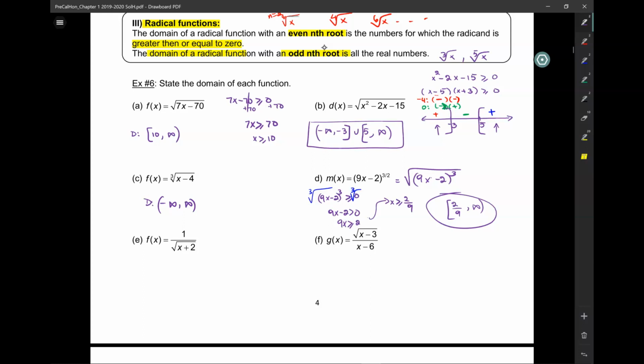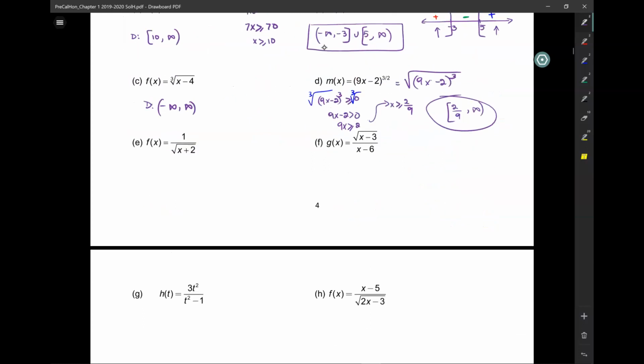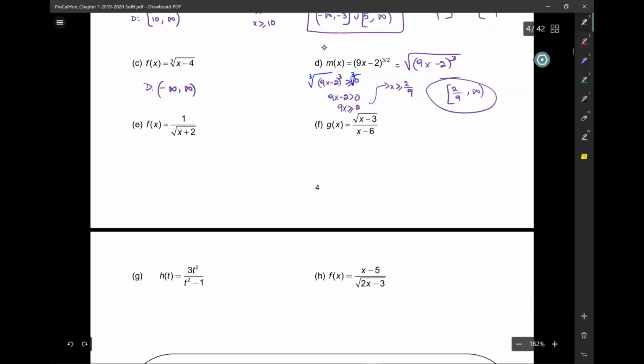Okay, look at the next one. It's a radical. But where is the radical? In the denominator. So, being a radical says it's got to be 0 or above inside. But since it's downstairs, can it be 0? No. Right?